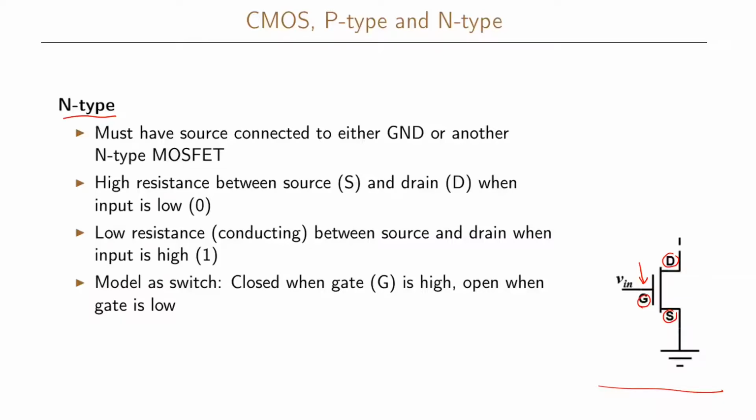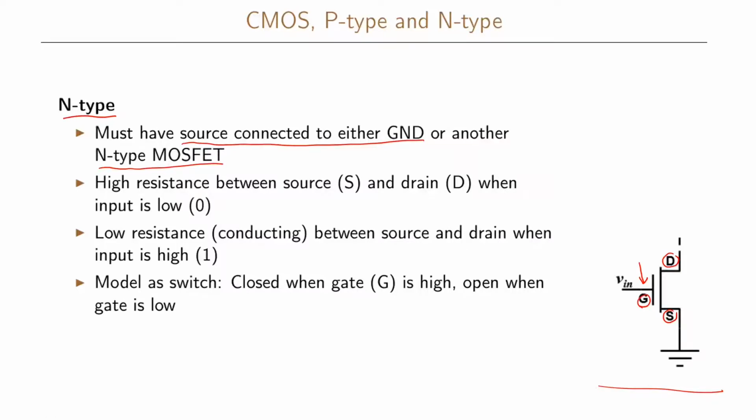And physically, this is a bit different from the p-type transistors, since here the source must be connected either to the ground or to another n-type MOSFET transistor. And here we are not going to go into the details of why this is the case, we just are going to take it as a fact.